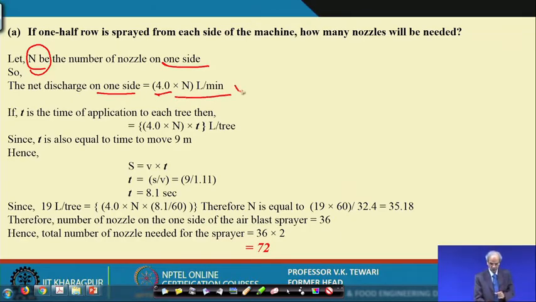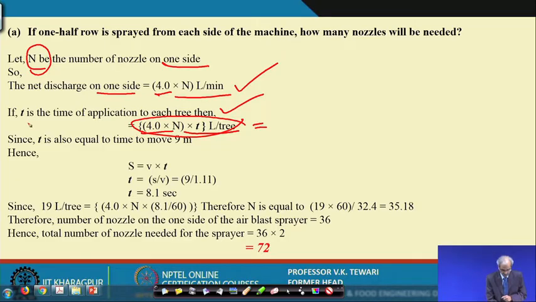Now, if T is the time of application to each tree, and you know that 19 liter is required, then 4 into n into T is the amount per tree, which is equal to 19. So, 4 into n is the net discharge, applied for this much time.